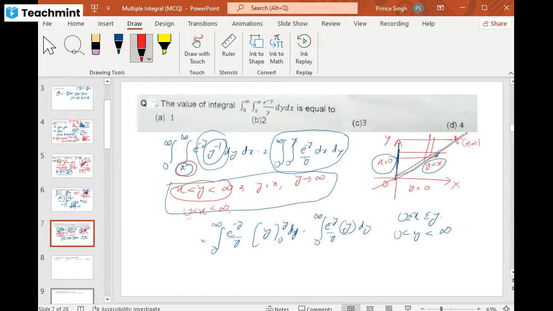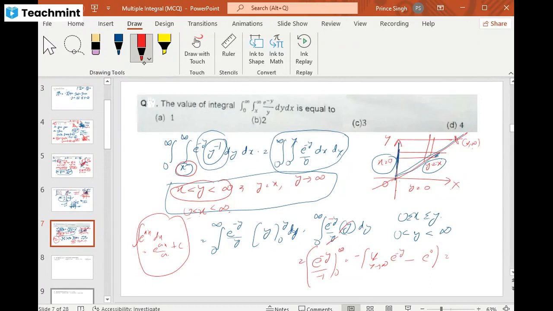So the 1 upon y cancels with this y. Now the integral of e power ax is e power ax upon a, plus some arbitrary constant. So its integral is e power minus y upon minus 1 with the limit 0 to infinity. So minus [limit y tends to infinity e raised to minus y minus e power 0].